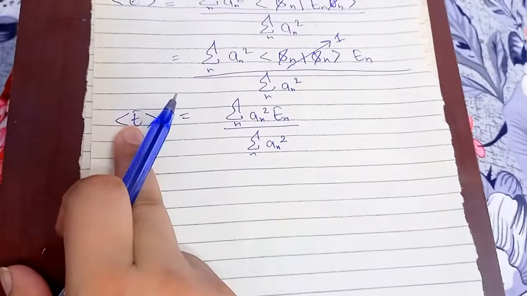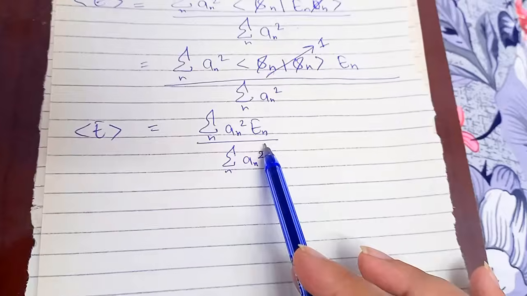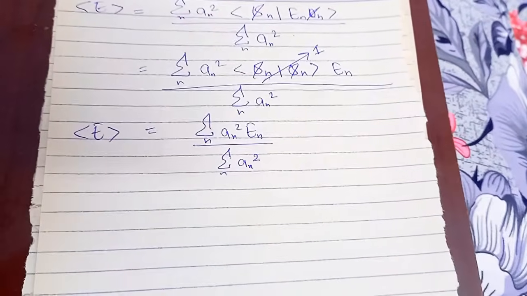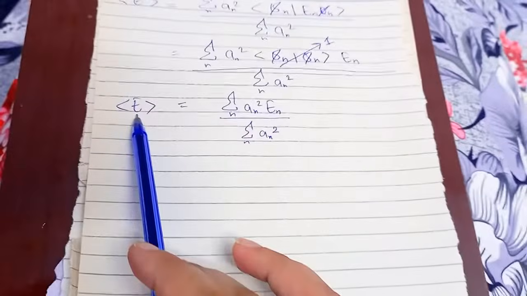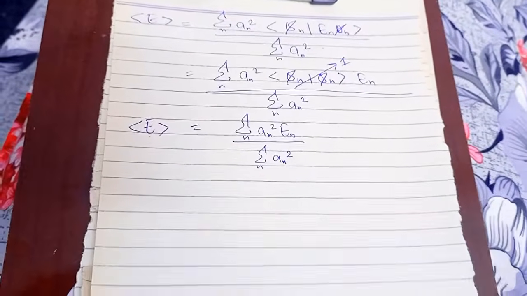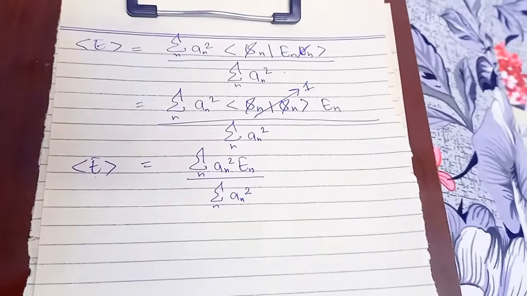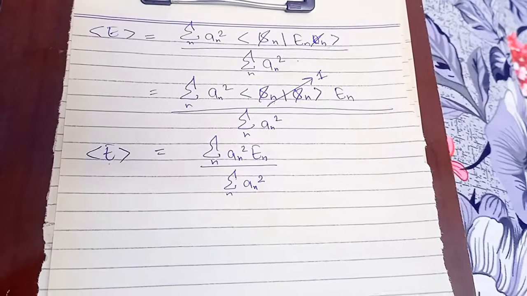This is the expectation energy. Here En is the energy level of the original system, the exact energy levels of the original system. E is the expectation value that we are getting from the variational method, the expected value of energy for the system under study that we are getting using the variational method.